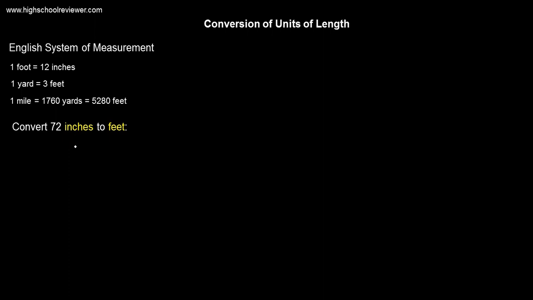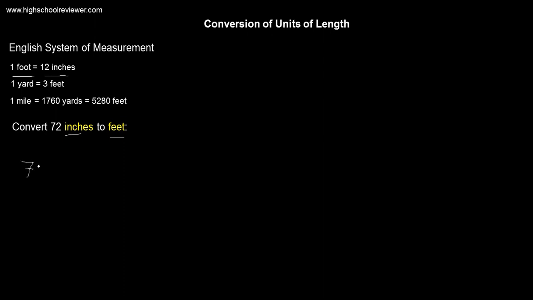Now we have here an example. Convert 72 inches to feet. So we need first to look at the English system of measurement values to see what conversion we are going to use. Since this is inches to feet, we are going to use 1 foot equal to 12 inches. Okay, let us now solve.